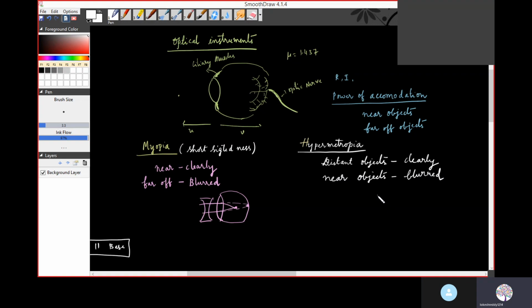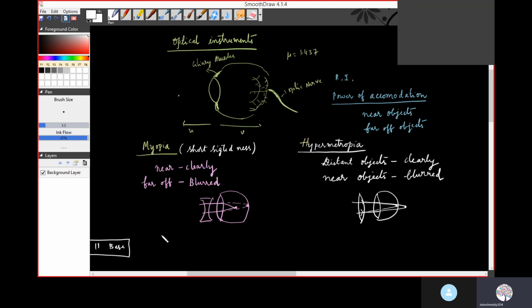In this defect, this is the eye lens, and the image is falling far behind the retina. So now you have to use a more converging lens. If you use a convex lens, it will converge and make the image fall on the retina.